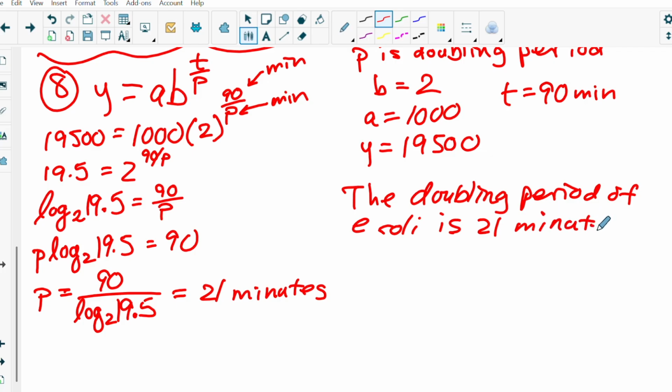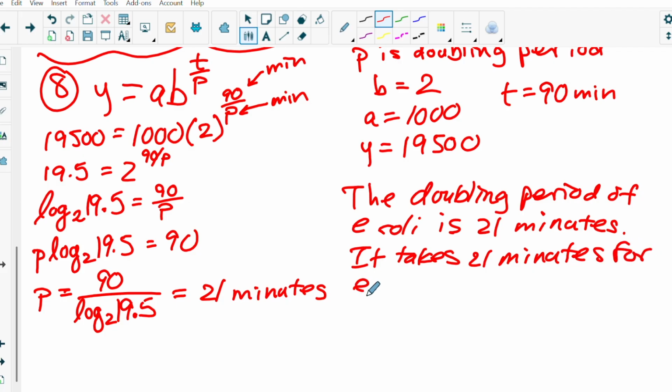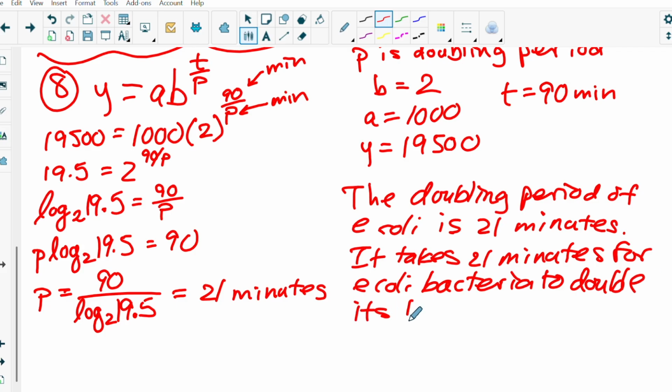Well, what does that mean in plain speak? It takes 21 minutes for E. coli bacteria to double its population, or its count.